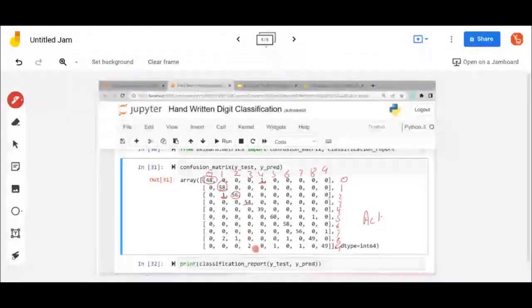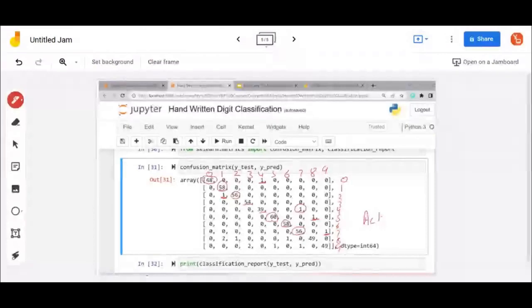It is okay, but one of the 4s is predicted as 7 because 4 and 7 look similar. Sixty 5s are predicted correctly, but one of the 5s is predicted as 8. Six is okay, and 7 is okay, but one of the 7s is predicted as 9.